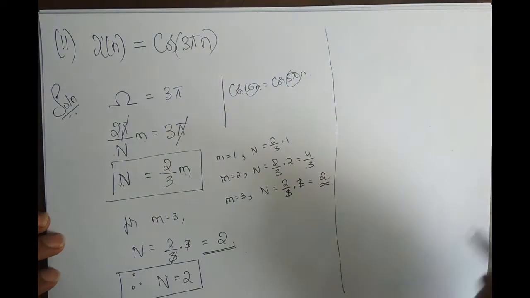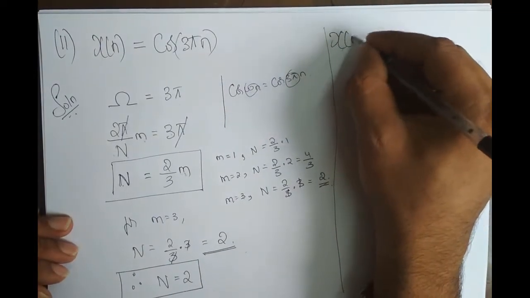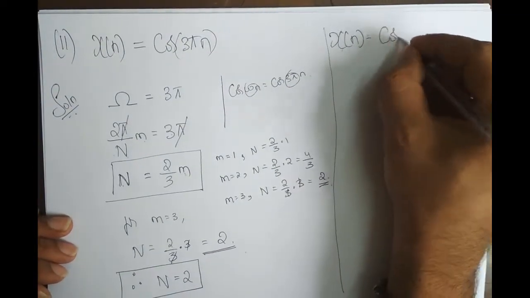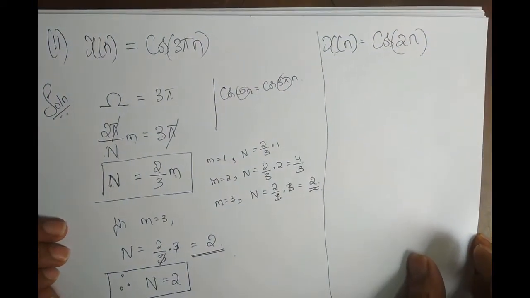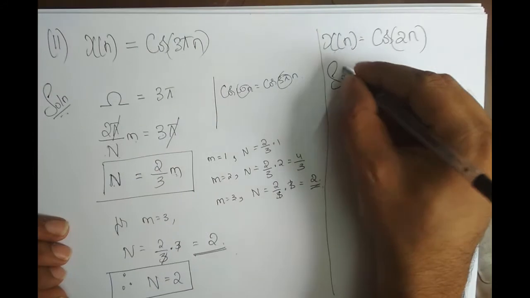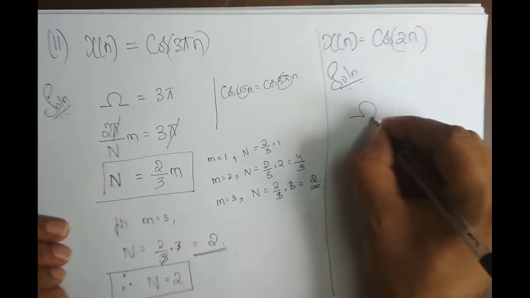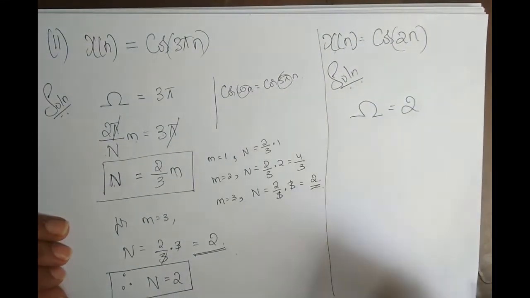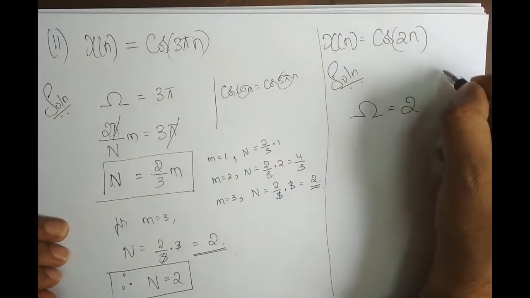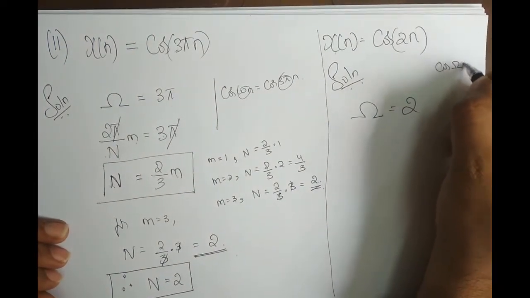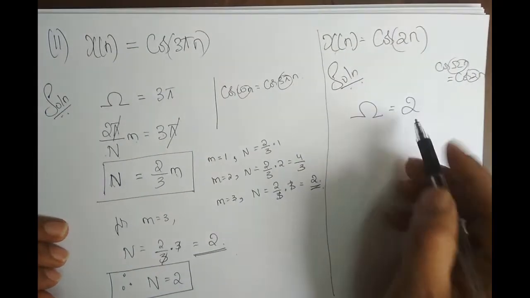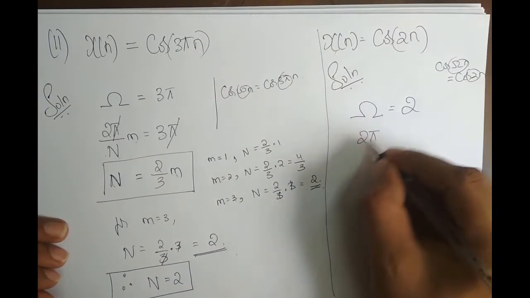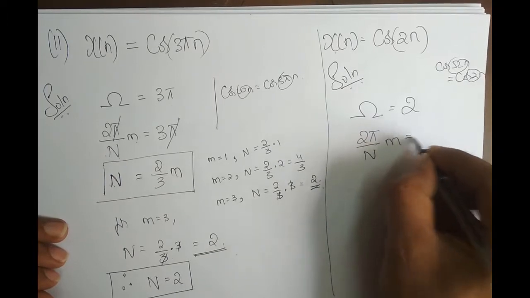Let me convince you with one more example. In this case, x of n is equal to cos of 2n. Solution: what is omega? This is of the form cos omega n, which is cos of 2n, so omega is equal to 2 here. Now, omega is 2 pi by N into m, which is equal to 2.